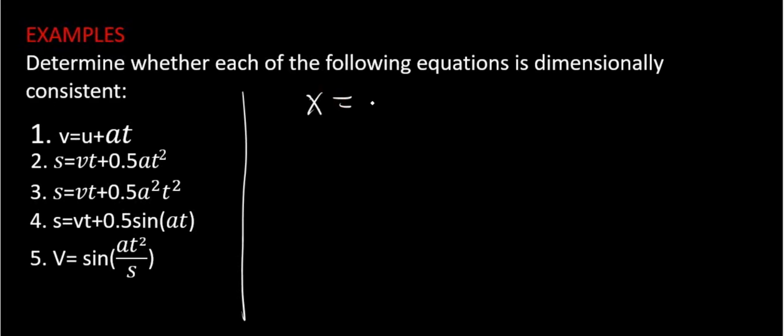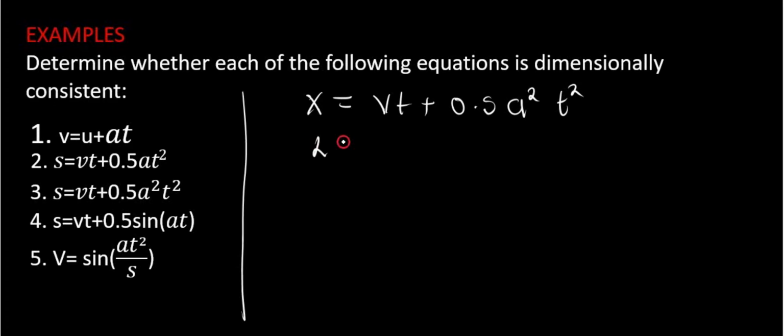Displacement equals Vt plus 0.5 times a, the acceleration, times t squared. So this is the s, or displacement, right?